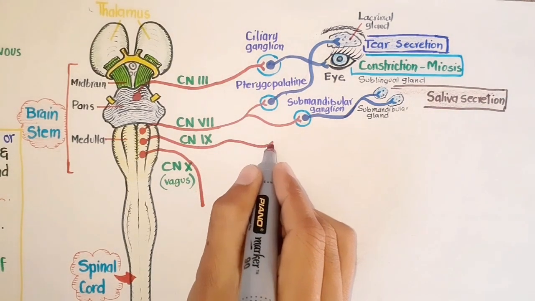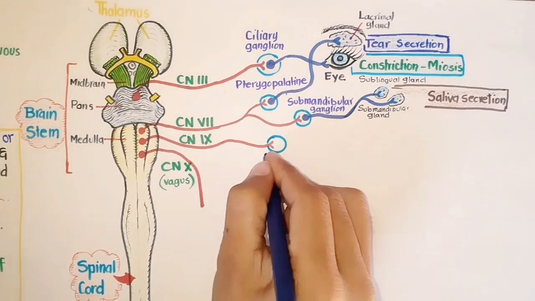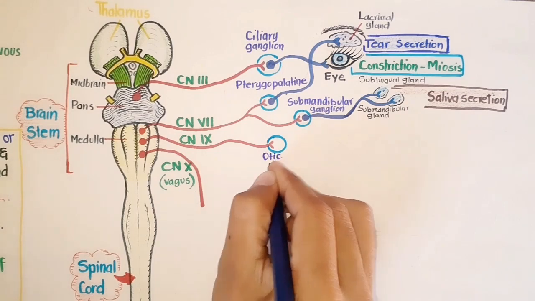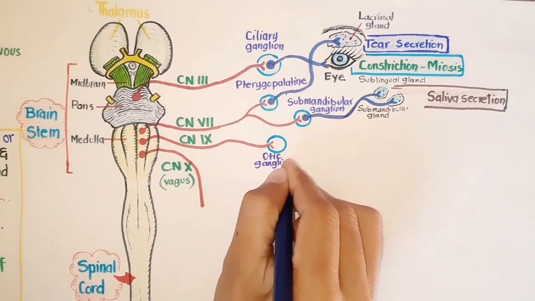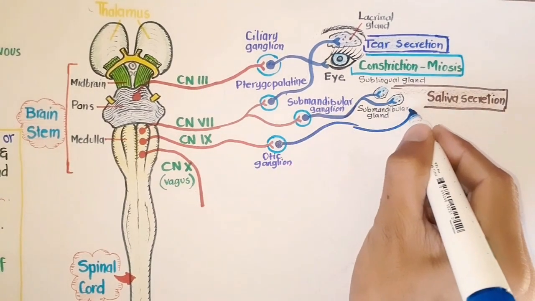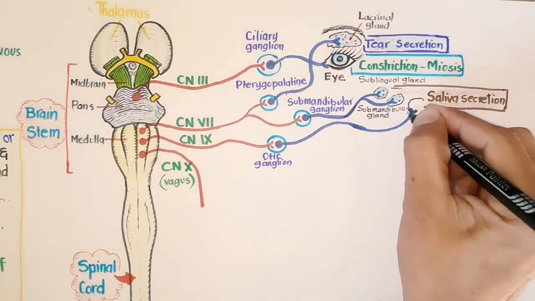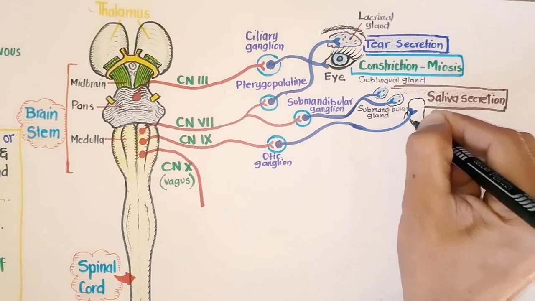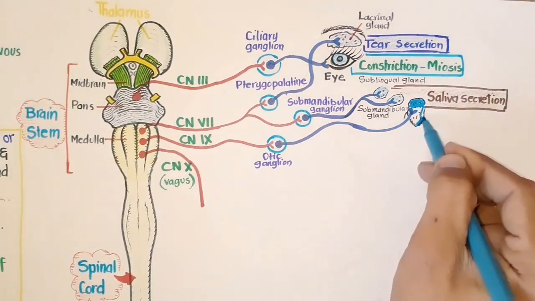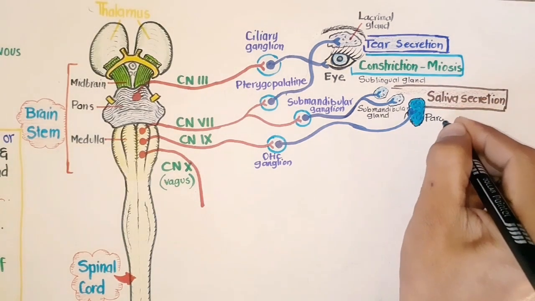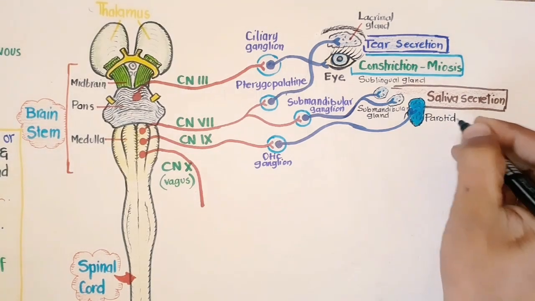Fibers of the 9th cranial nerve synapse with neurons of the otic ganglion. Postganglionic fibers from the otic ganglion innervate the parotid salivary gland, and this is also associated with the secretion of saliva.